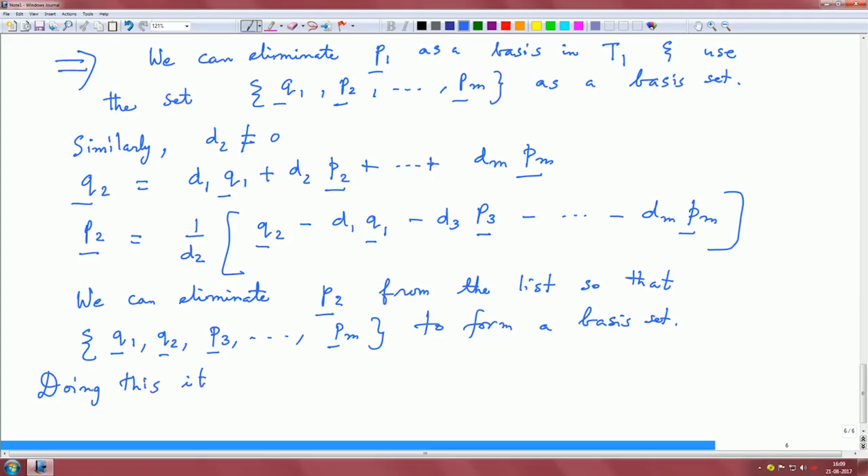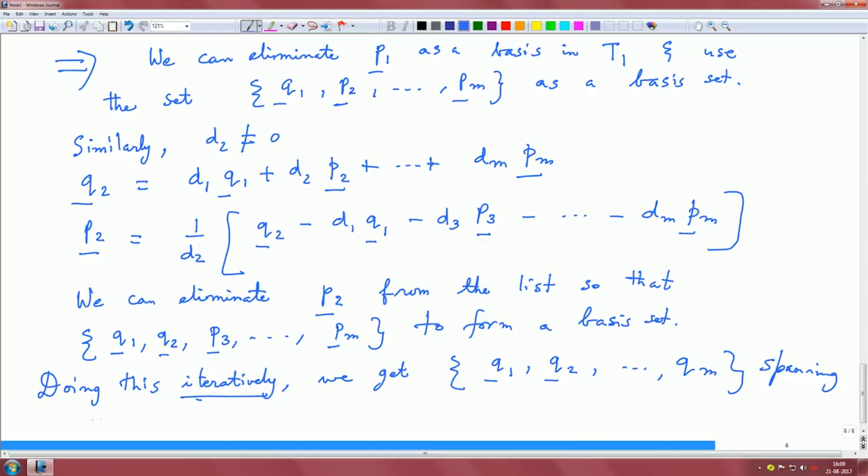So, we do this iteratively and we land up with q1, q2, so on till qm, spanning the same space as P1, P2 so on till Pm.